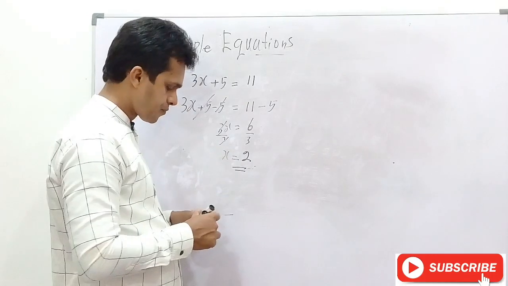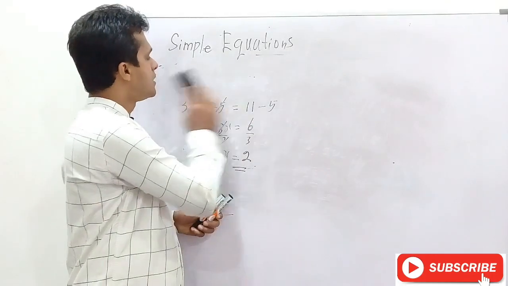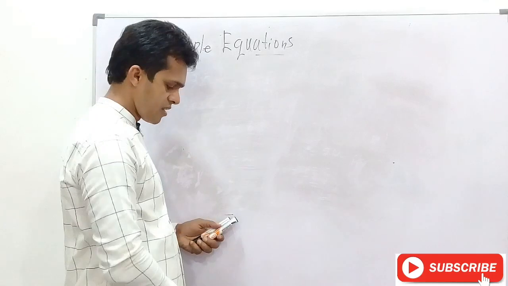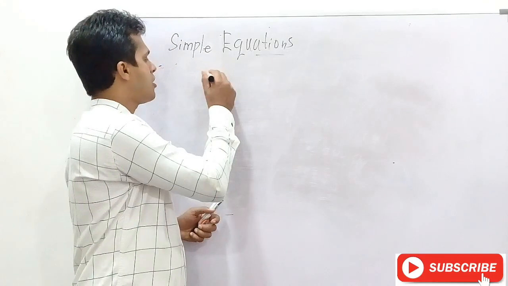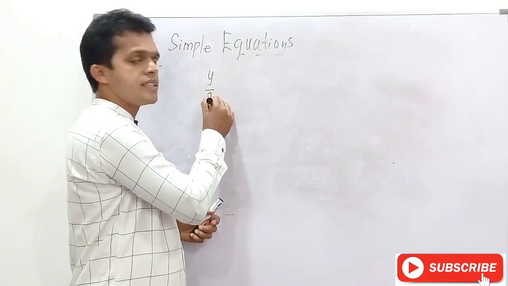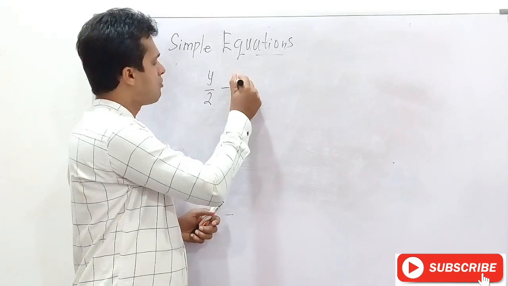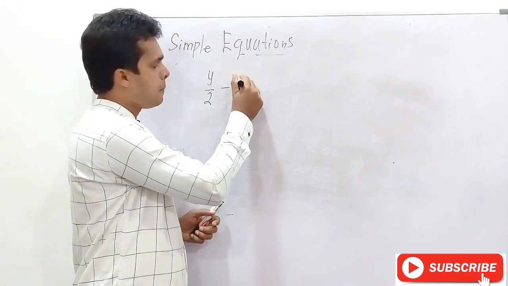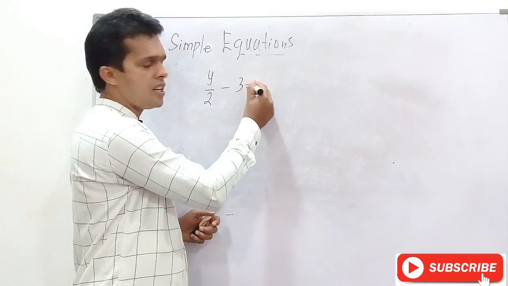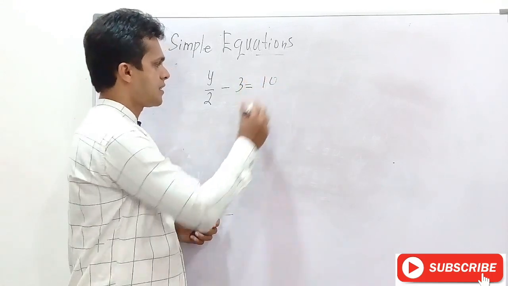The other sum. How can you do this one? How can you find the value of y of this sum? y over 2 minus 3 equals 10.